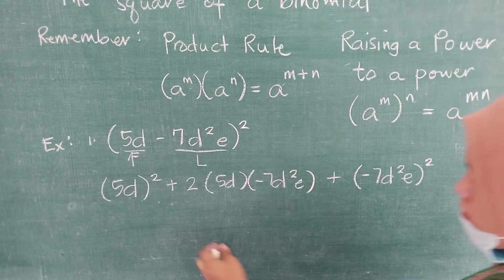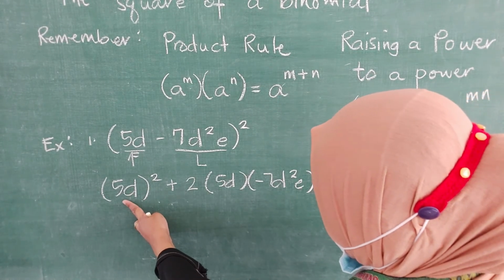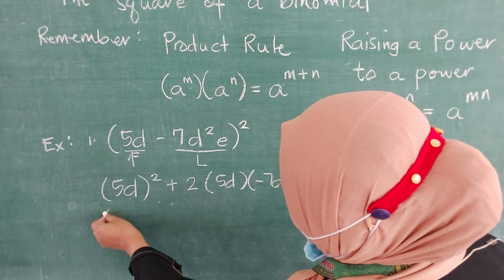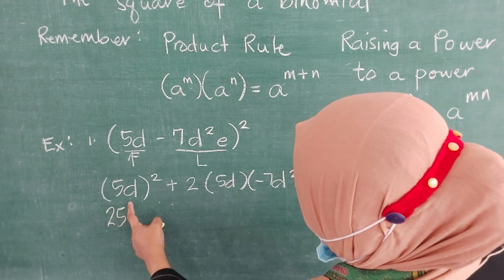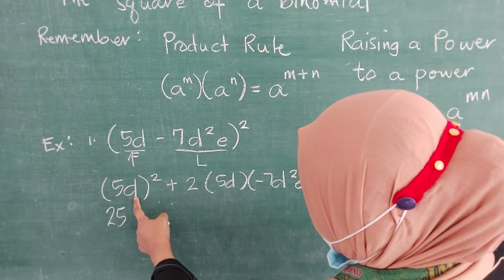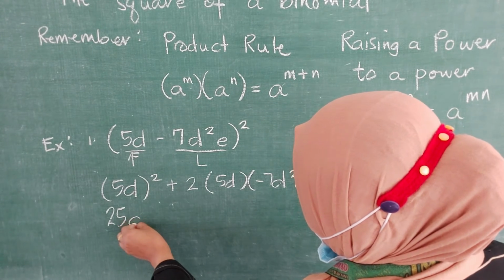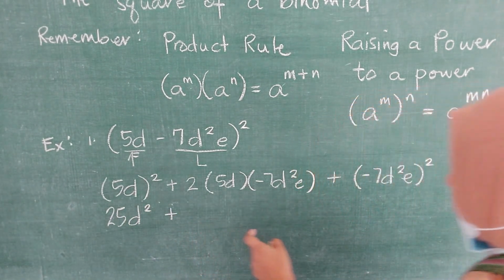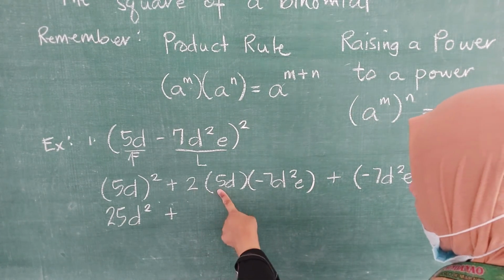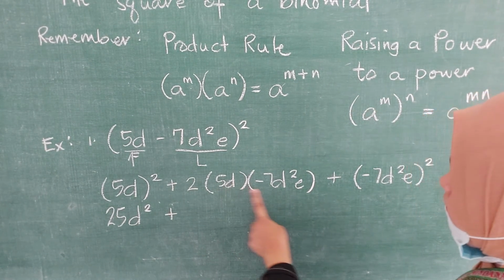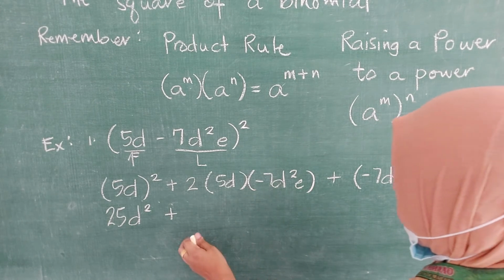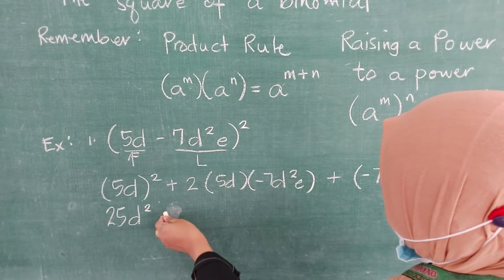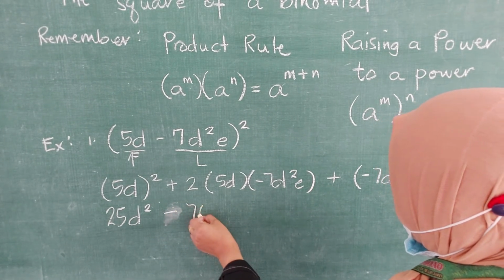Okay, so next, para sa first term natin, 5 times 5, 25, d times d is equals to d squared plus, Okay, so 2 times 5, 10 times negative 7, naging negative 7t.